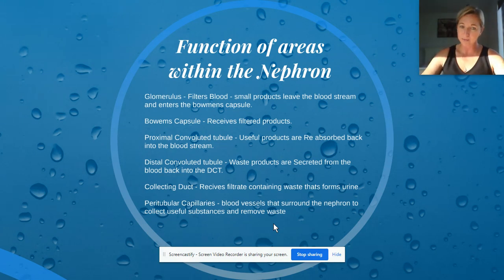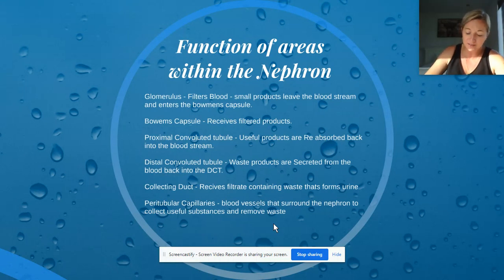I need to put it back into the nephron. So around the distal convoluted tube, waste products from the blood, the peritubular capillaries, get secreted back into the distal convoluted tube. So a lot of waste leaves the blood and goes into the distal convoluted tube.